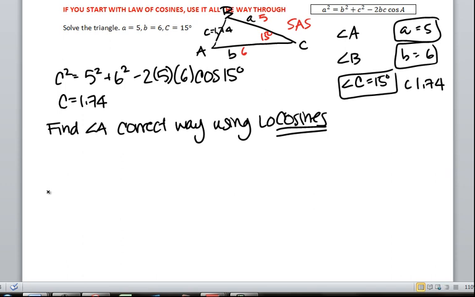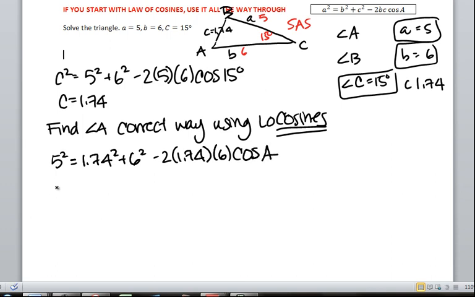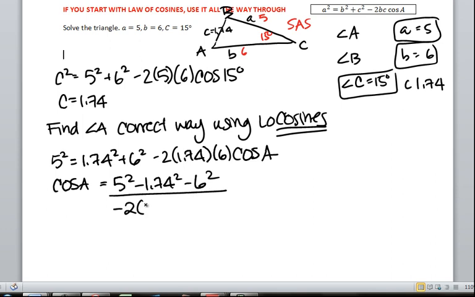So I have that 5 squared, that's A, is equal to the sum of the other sides squared, so 1.74 squared plus 6 squared minus 2 times 1.74 times 6 times the cosine of angle A. Using the pattern shortcut that I showed you in the first video, I can solve for cosine of A, and that's equal to 5 squared minus 1.74 squared minus 6 squared all over negative 2 times 1.74 times 6.